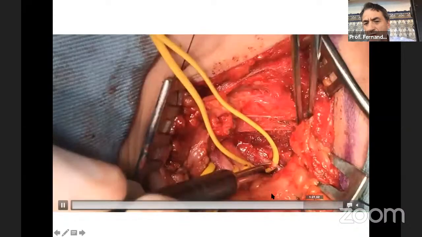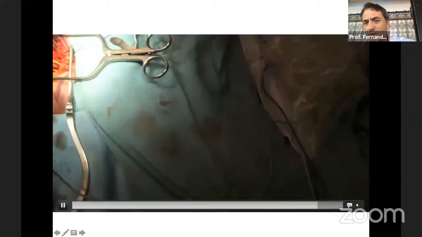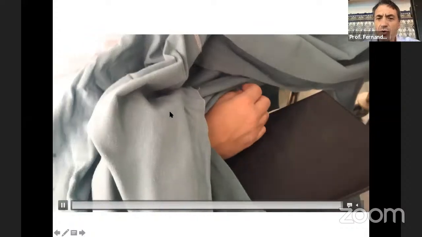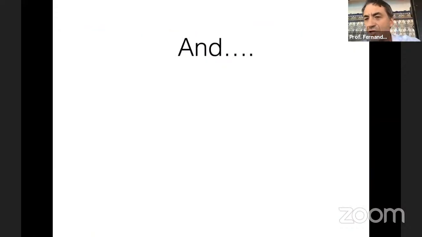This is T1. Okay, so anatomy is a guide, but neurophysiology gives us the confirmation of the anatomical structures.